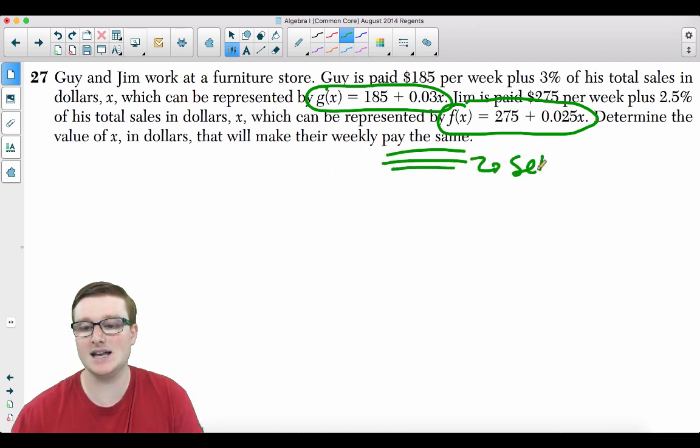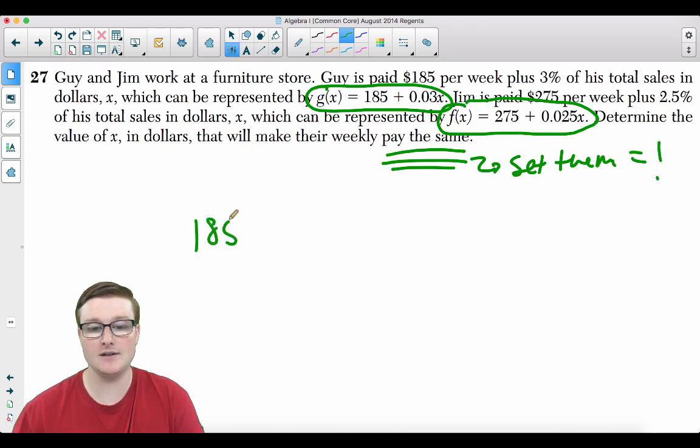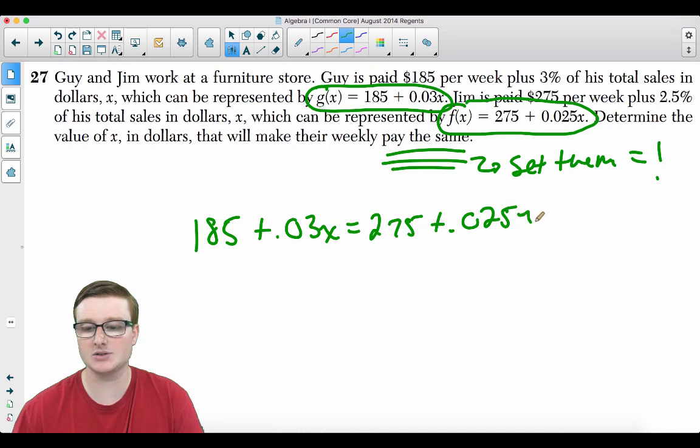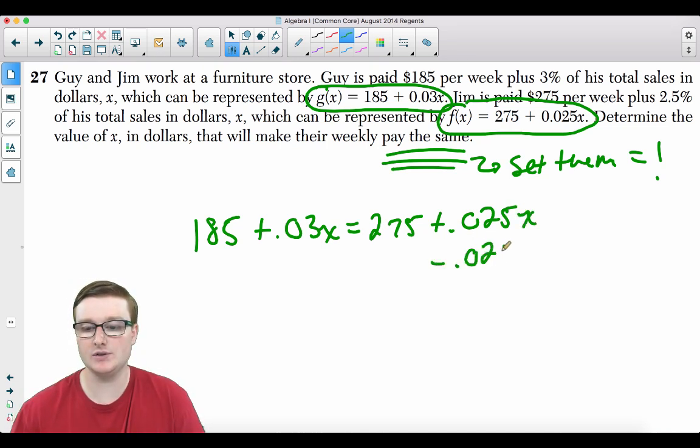That means set the equations equal to each other. So we have 185 plus 0.03x is equal to 275 plus 0.025x, right? Let's go ahead and subtract that 0.025x on both sides.